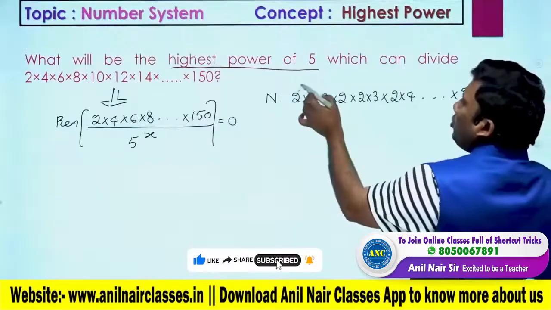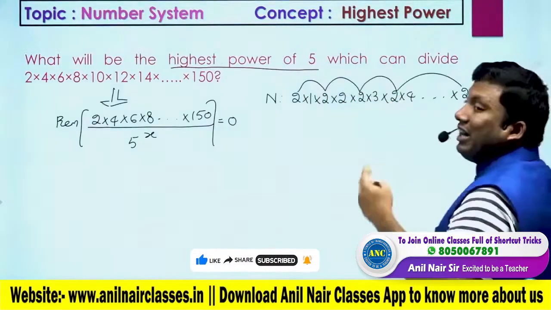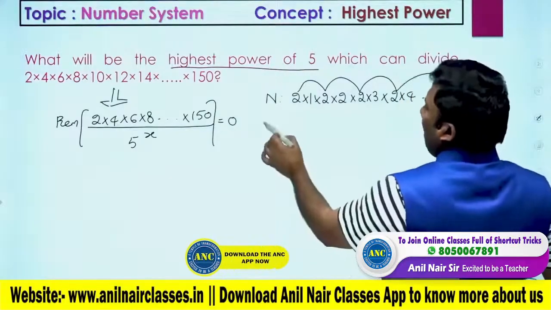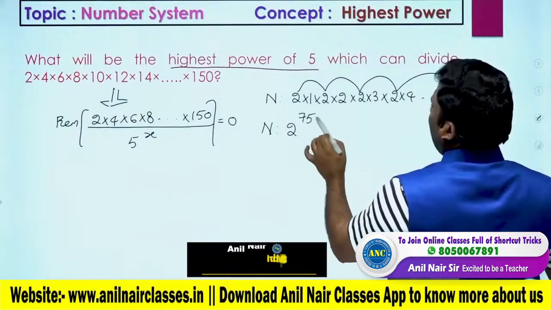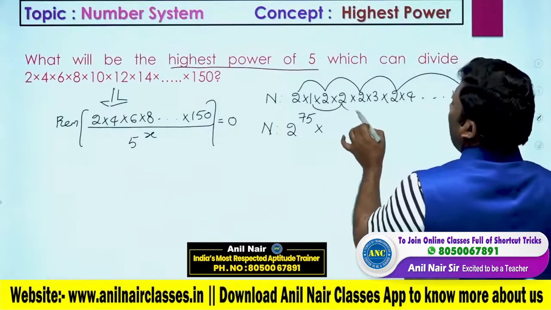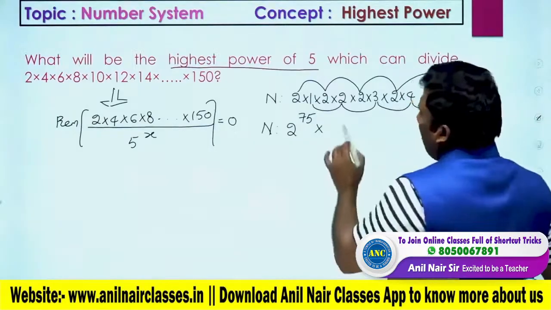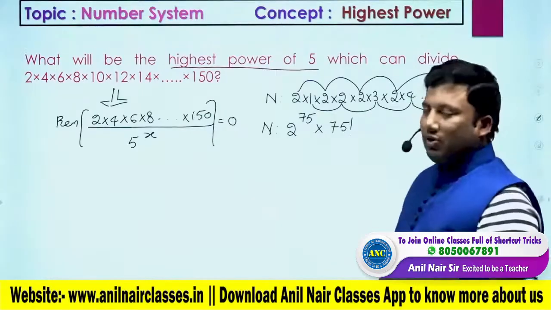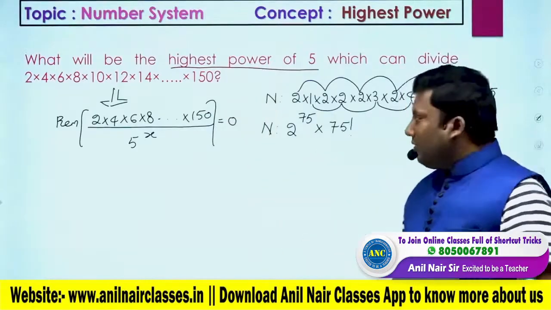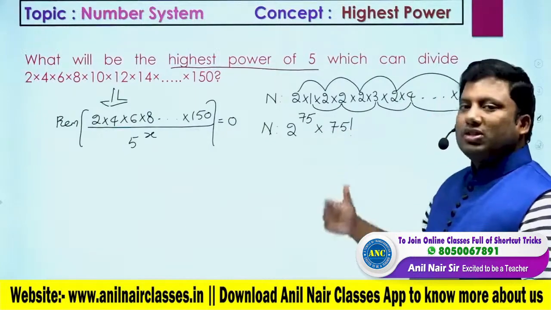It is 2 into 2 into 2 into 2, so 2 is multiplied 75 times, which is 2 power 75. The remaining is 1 into 2 into 3 into 4 and so on up to 75, which is 75 factorial. That entire expression can be written as 2 power 75 into 75 factorial.